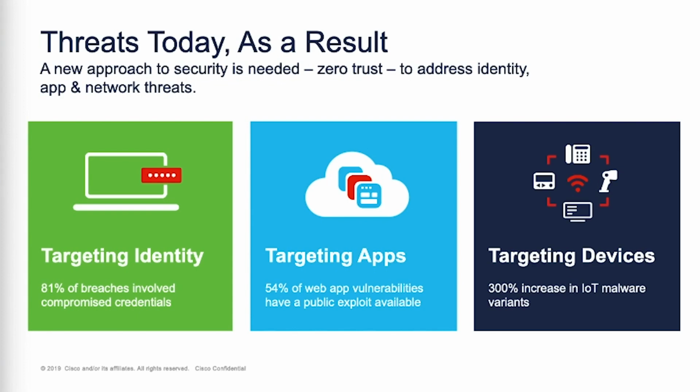This shows us that passwords are an effective way to get past the traditional perimeter and get into applications completely undetected. When it comes to your applications, 54% of web app vulnerabilities have public exploits available to hackers. This means that if the servers and applications aren't patched, they're still left open to flaws that can be exploited by an attacker to get access to your systems.